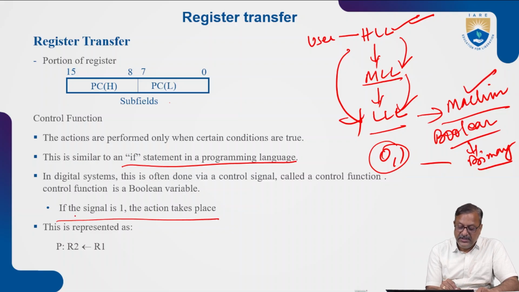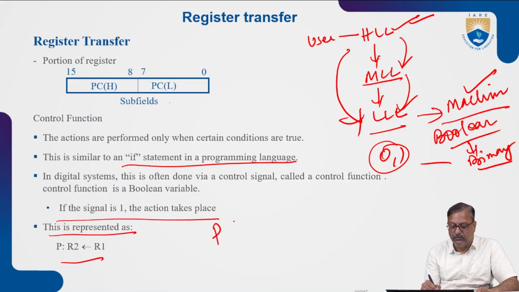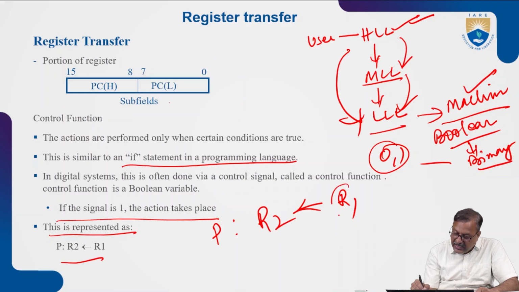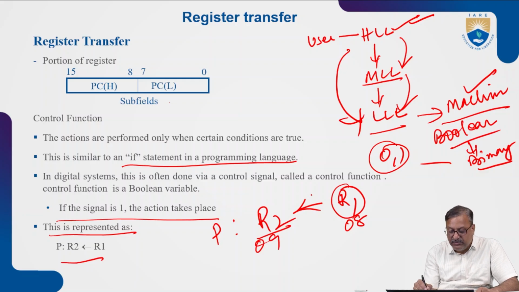Now, if the signal is 1, the action takes place. This is represented as P. P means processing data. What is the process operation? R2 ← R1, you can say right to left. That means R1 is having a value 0.8 and R2 is having a value 0.9. For example, this symbol represents moving the value of R1 to R2.